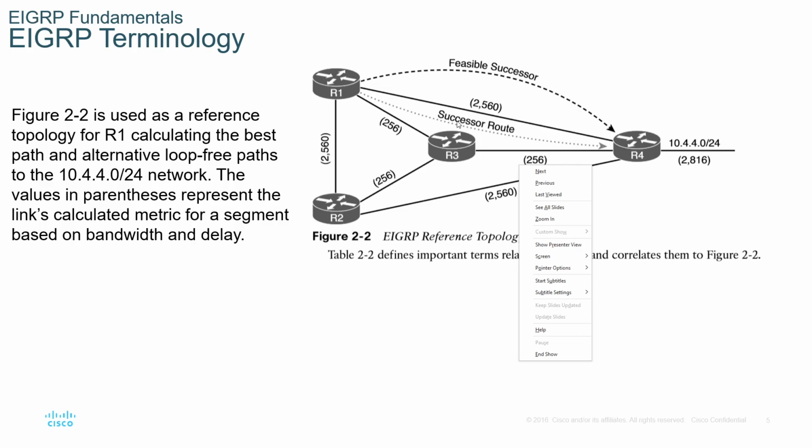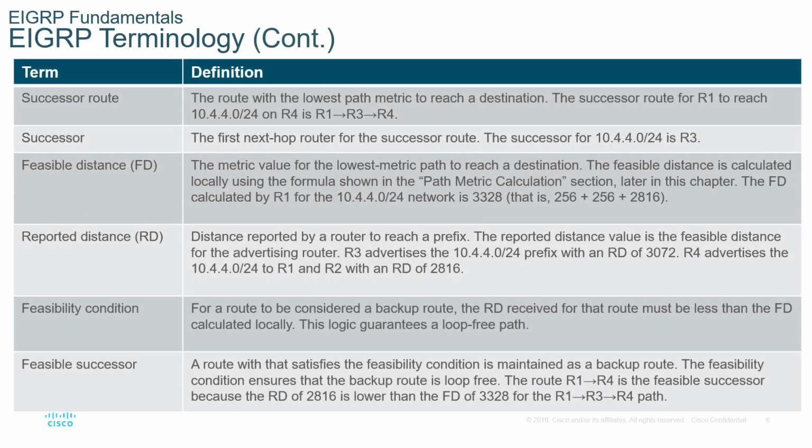So our successor route is 256 plus 256 gets us to router 4, and the backup or feasible successor is our top one, which is 2560. Now there's rules about how this is possible, what triggers it, so we'll go through all of those in a minute.